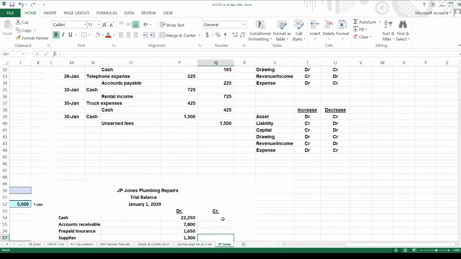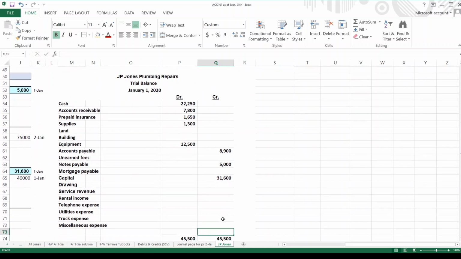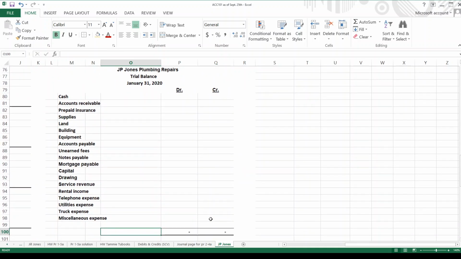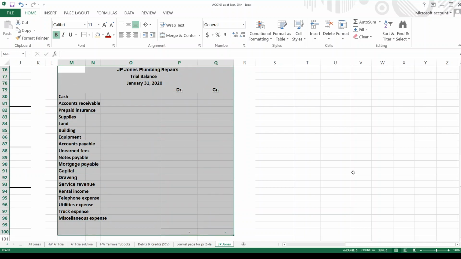Another thing I should mention. When we have our January 31st trial balance, which contains all of the transactions from January, is that a financial statement? It is not a financial statement. This will be the raw materials for our financial statements. You say, what financial statements?